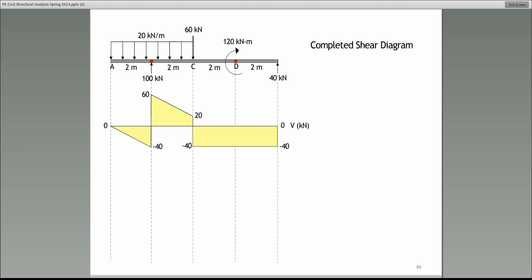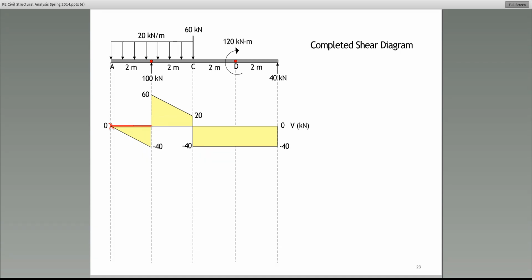From the left end, we're going to use the shear diagram to create the moment diagram. Now remember, in order to get the moment from shear, what do we have to do to it? Integrate it. So M is equal to the integral of V dx.